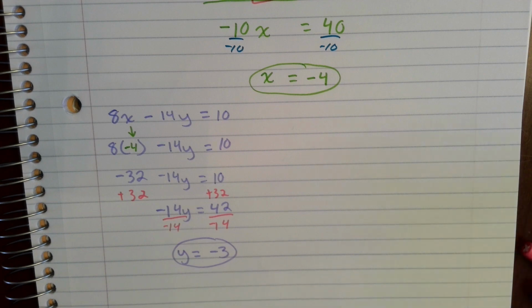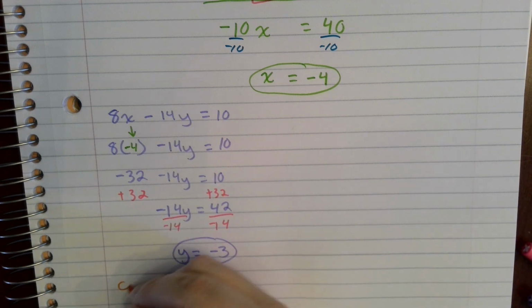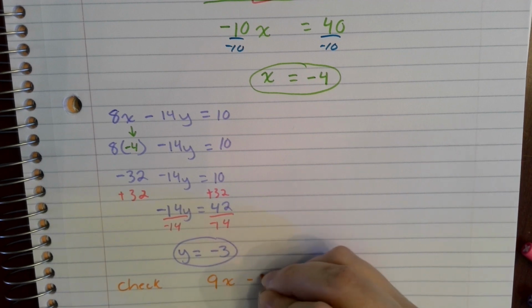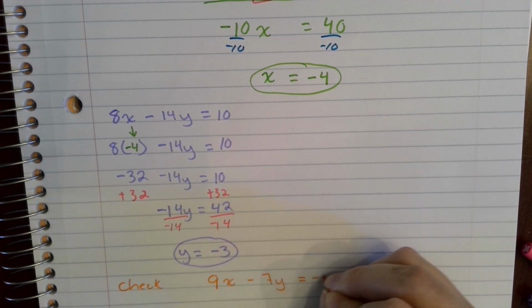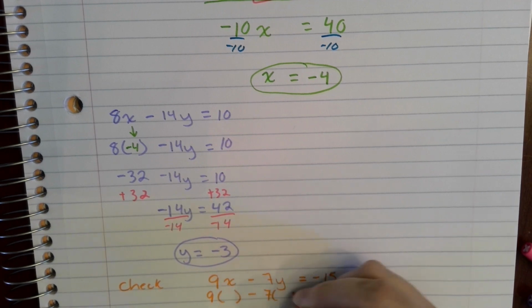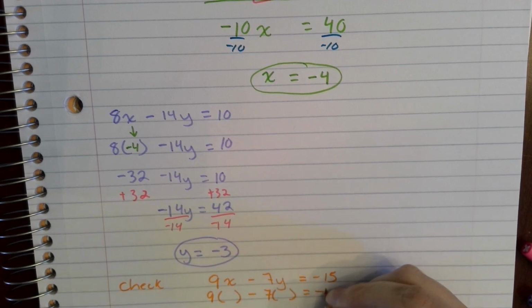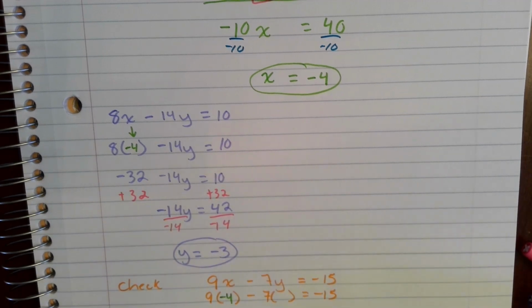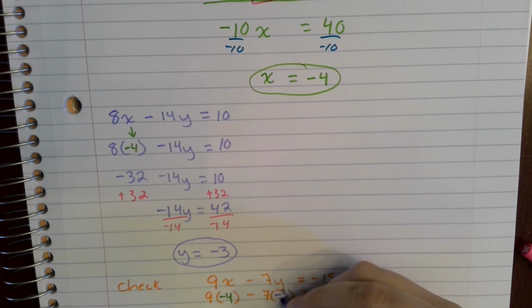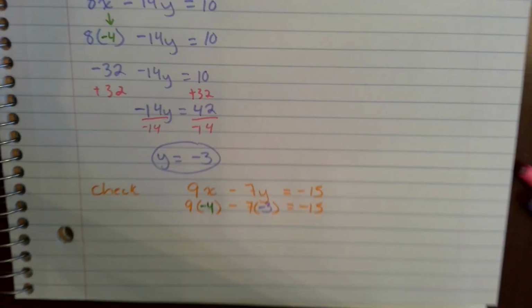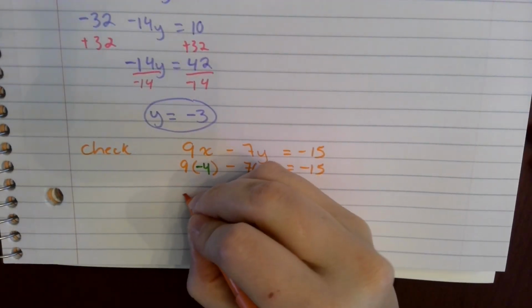And then like always, you want to check. So for our check, we use the other equation, 9x minus 7y equals negative 15. And then just substitute the x as negative 4 and the y as negative 3. 9 times the negative 4 is going to give you a negative 36.